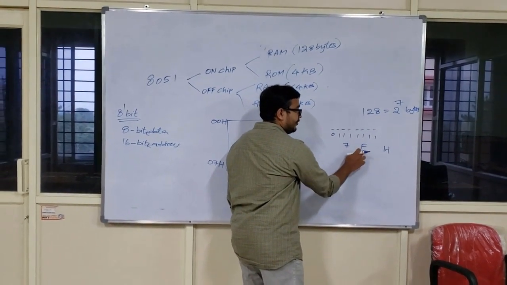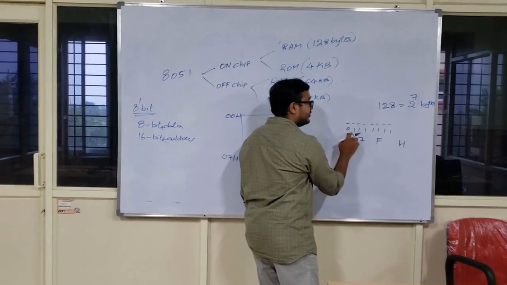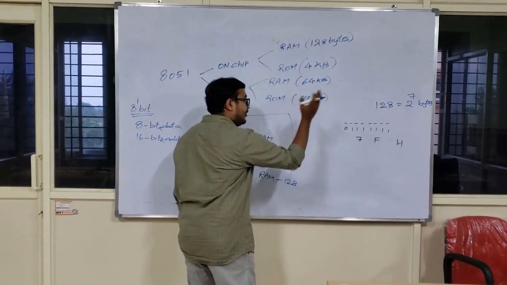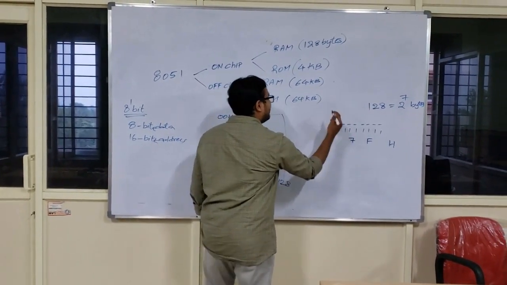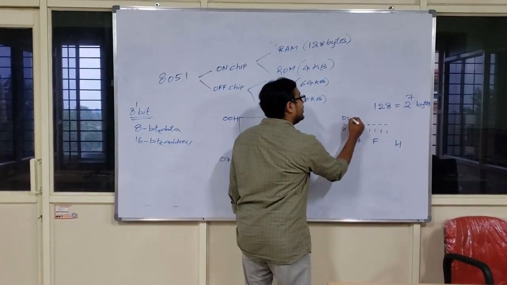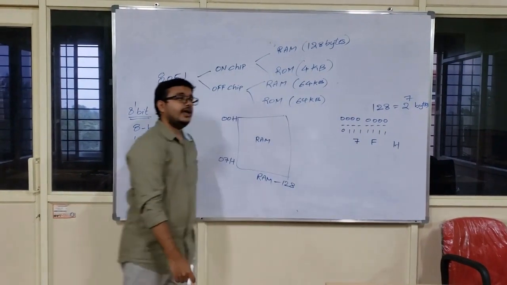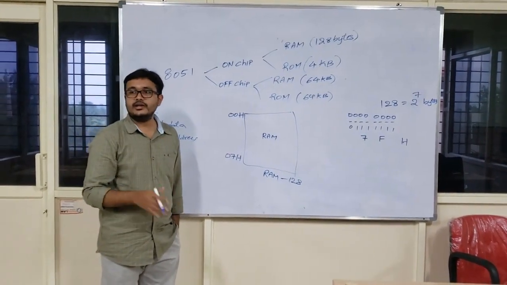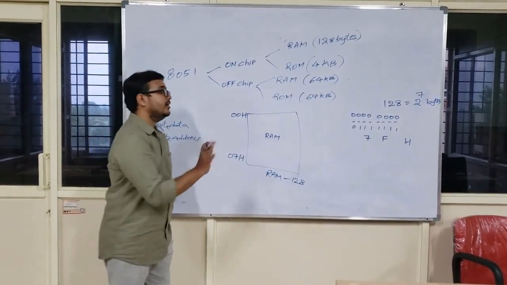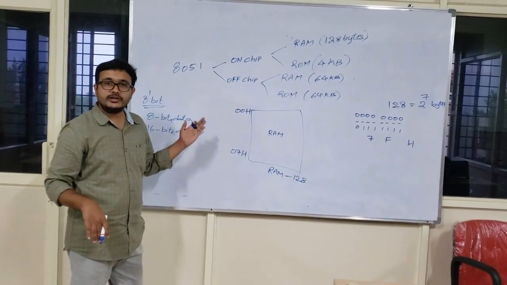The hexadecimal value of F is 4 ones, and the hexadecimal value of 7 is 111. Now if this is its ending address location, the starting address location will be this one. In this way we have got its starting address location and its ending address location. In the similar manner we can find out the ROM.